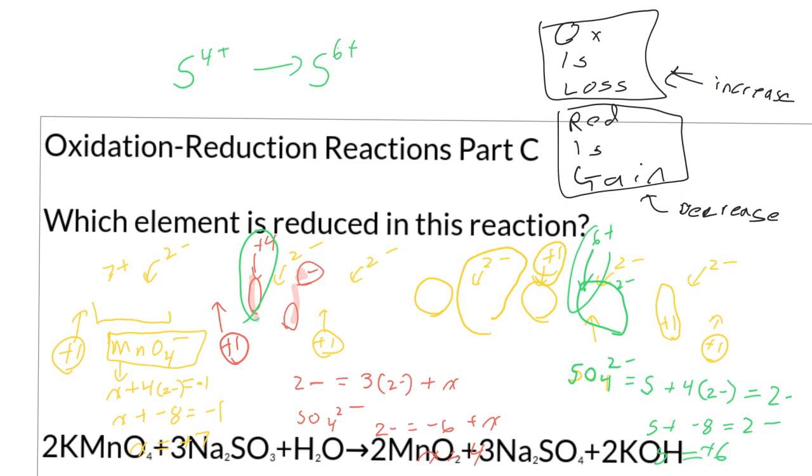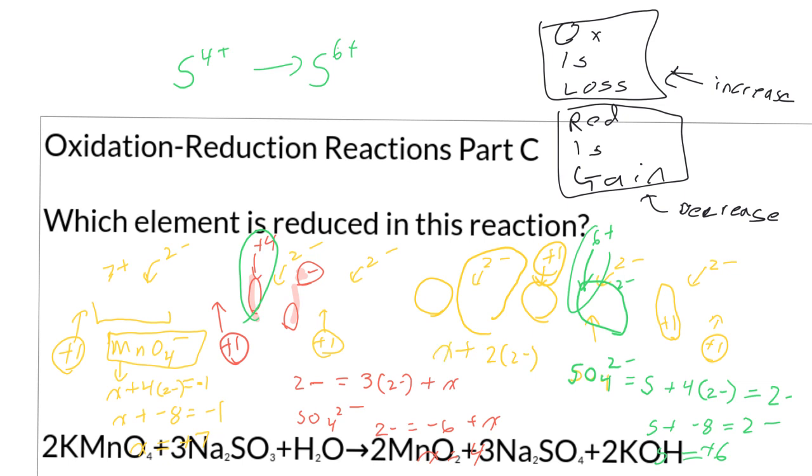So here's where things get a little bit dicey, and the book doesn't really do a great job of preparing you for it. But let's roll with it here anyway, and we'll work it this way. We've got 2 oxygens here with a 2-. We don't know the charge on the manganese. Forgive me again.